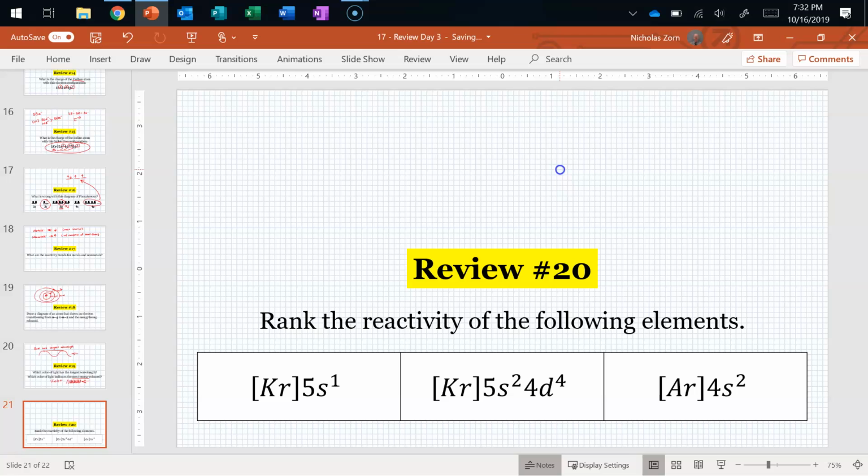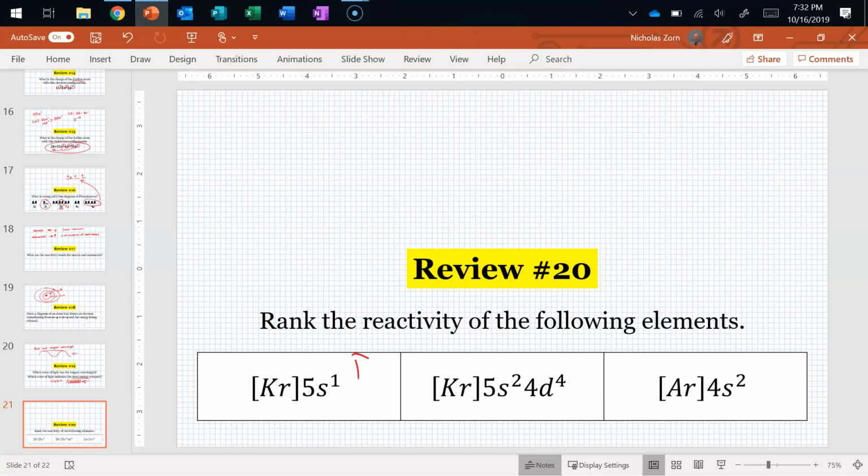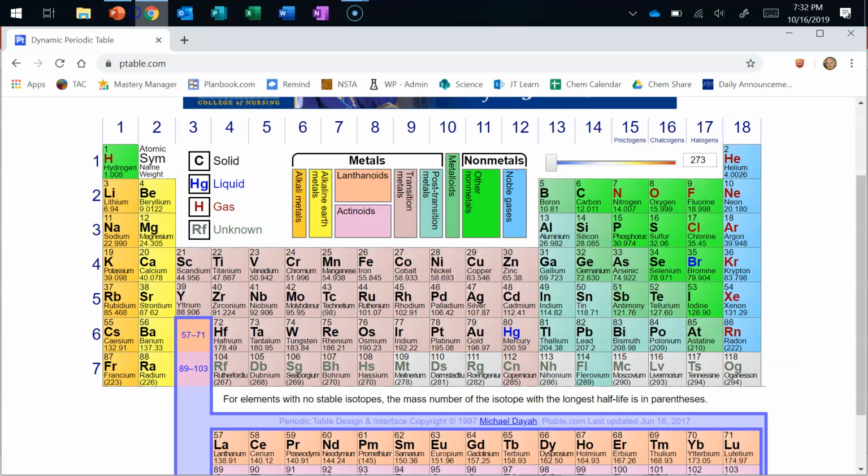All right, finally, rank the reactivity of the following elements. Let's look at the first one. It's krypton with 5s1, which would be rubidium. Krypton 5s2 and then 4d4 would be molybdenum.